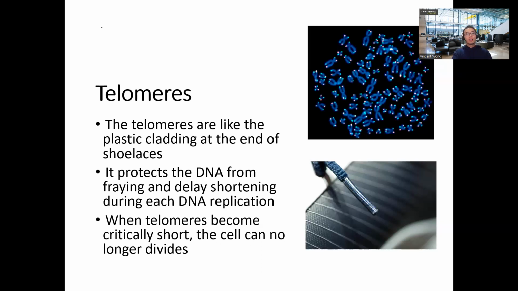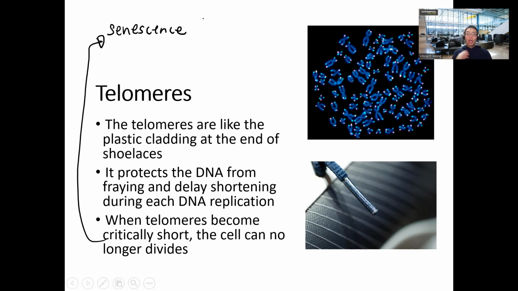The cell is going to enter a senescence state. This is like when a cell is too old, too many divisions have happened, and it is not going to be able to divide again. When telomeres become critically short, the cell can no longer divide, and they enter a senescence state.